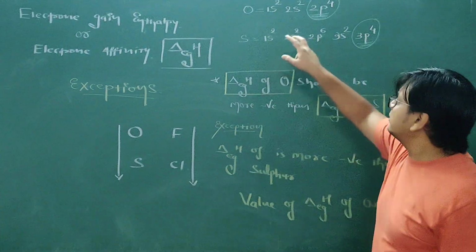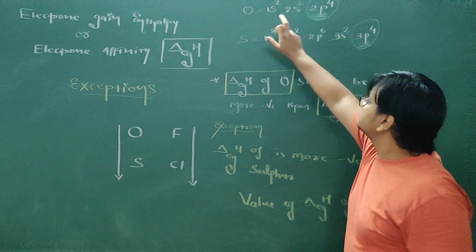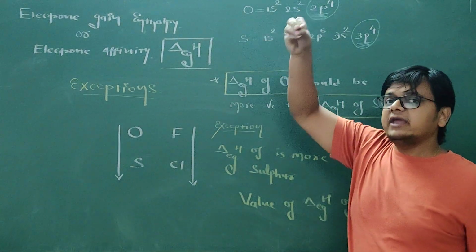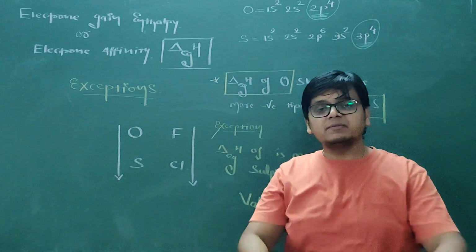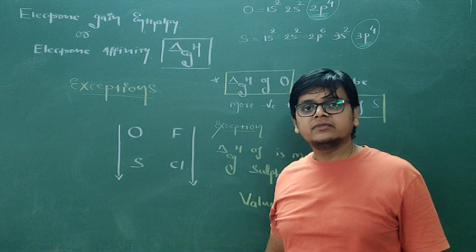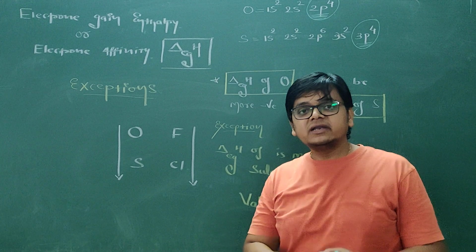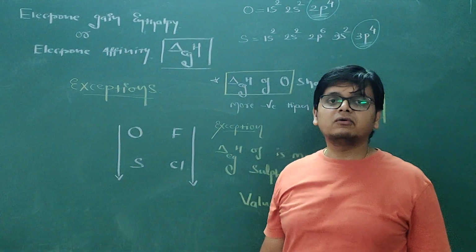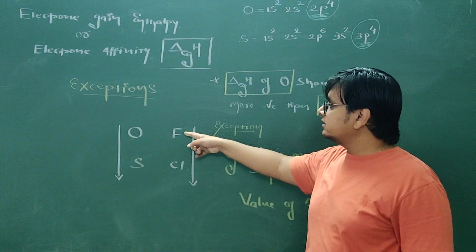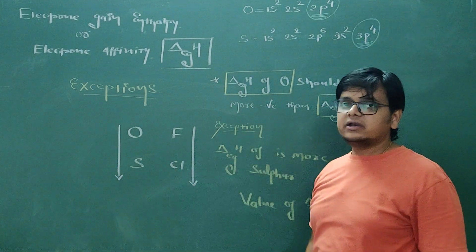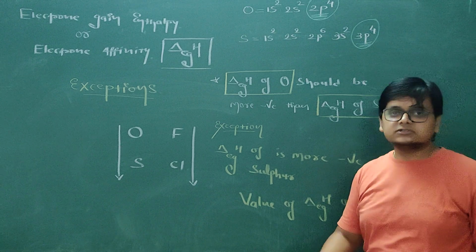Which one is the small orbital? 2p, for oxygen. So when we add an electron to oxygen, the repulsion between electrons will be maximum compared to sulfur, and that's why the energy released will be less in oxygen compared to sulfur. The same scenario we can assume for fluorine and chlorine. Just note this down.